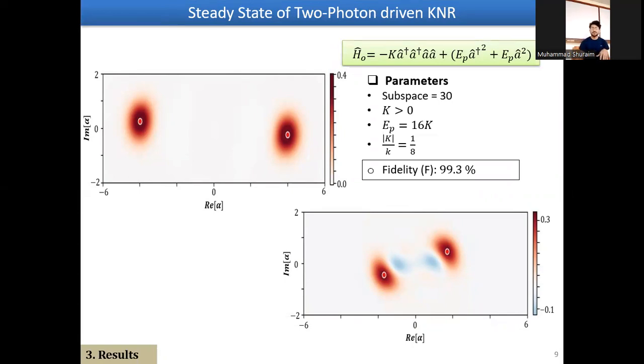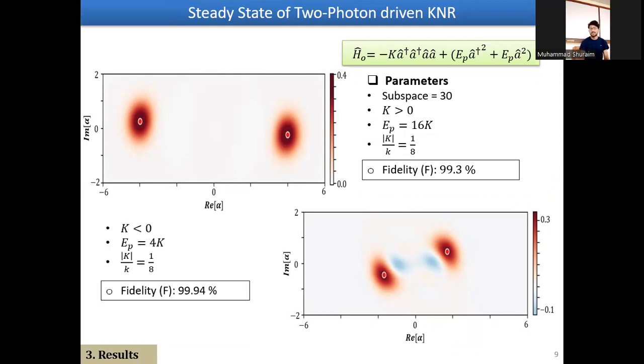This first plot, the upper plot, is for when we take the Kerr non-linearity K positive, and the drive field is scaled as 16 times K. And we have also included the loss operator in it. When we take K as negative, we can see that the fidelity also reduces, and the drive field is 4K.